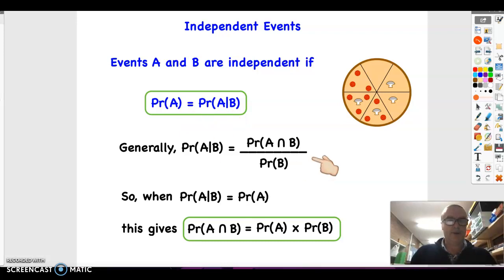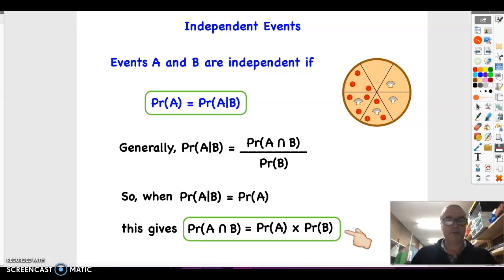Generally, for any 2 events, the conditional probability is our formula here. So if we're saying that the probability of A is equal to the probability of A given B, and we use that to replace the probability of A given B in this formula, that formula then rearranges to be the probability of the intersection of A and B being the product of the probability of A and the probability of B. So that's an equation that is true if and only if the events are independent.